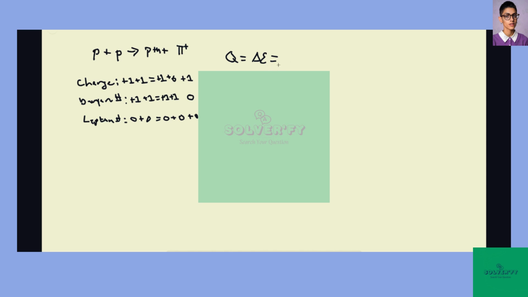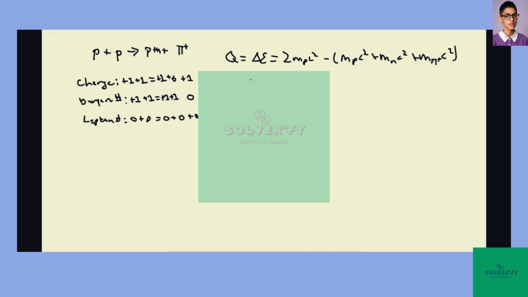So this is just going to be equal to 2 times the rest mass energy of a proton minus the rest mass energy of a proton plus the rest mass energy of a neutron plus the rest mass energy of the positive pion.